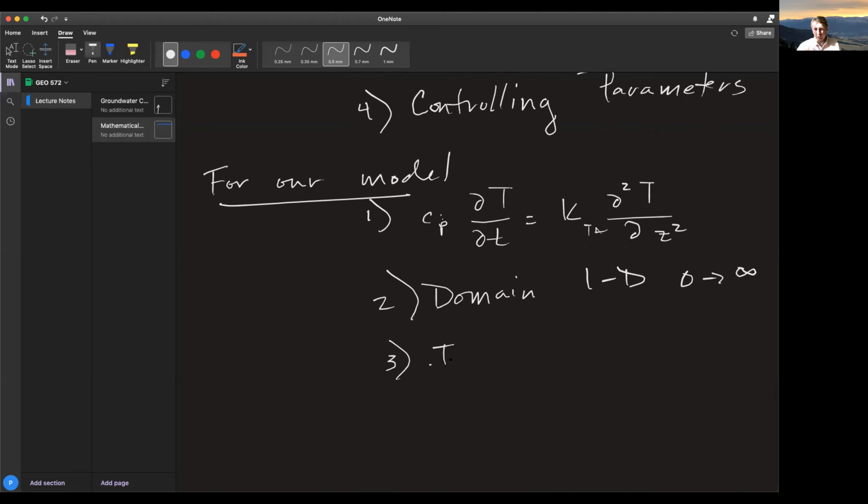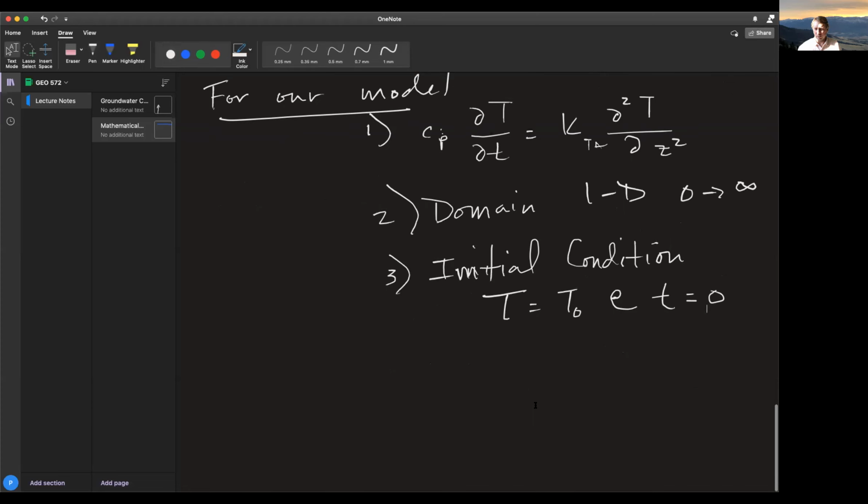Our initial condition, that's the state of the system at startup, or at time 0: T is equal to T naught at t equal to 0.